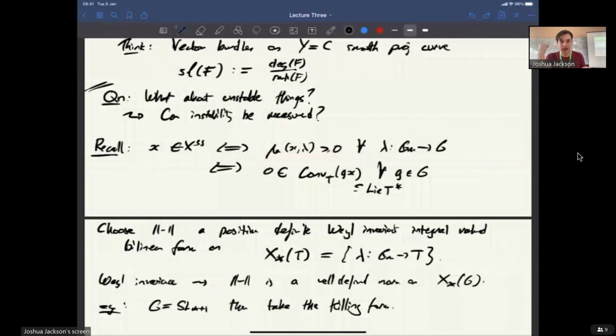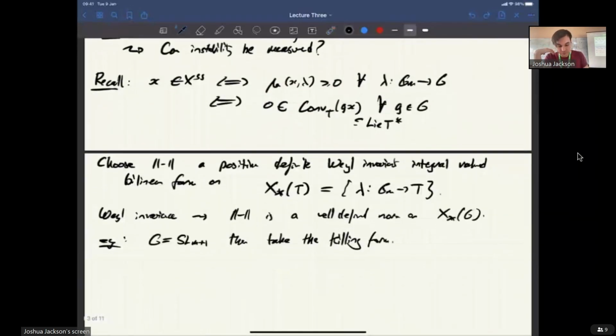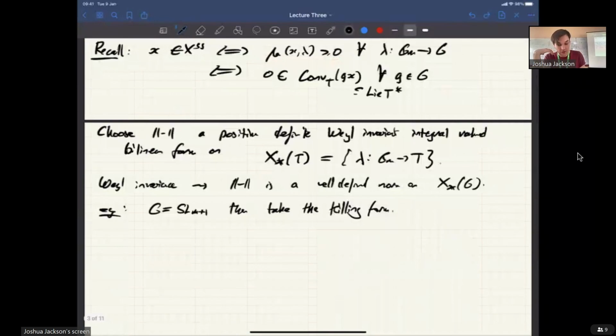If you think about it for a while and try some examples, you'll see that's not quite right, because you can replace lambda by lambda to the n, and that multiplies the weight by n, so it's not going to be bounded. So what you need to do is normalize it. If you suitably normalize it, then this idea will in fact work. That's another use for this.